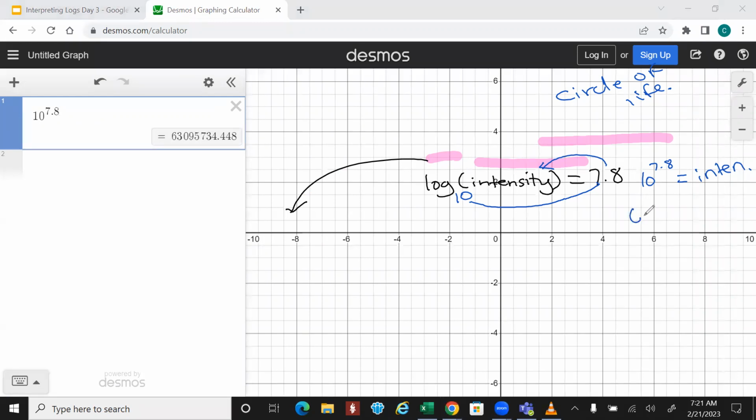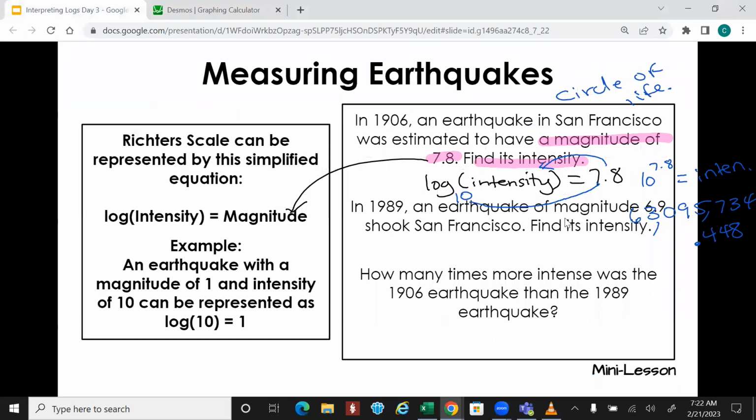So we get 6309573.448, right? That's a lot. That's 63,095,734. That's a big earthquake. Okay.